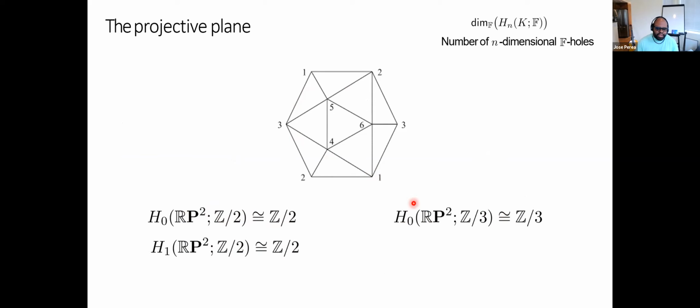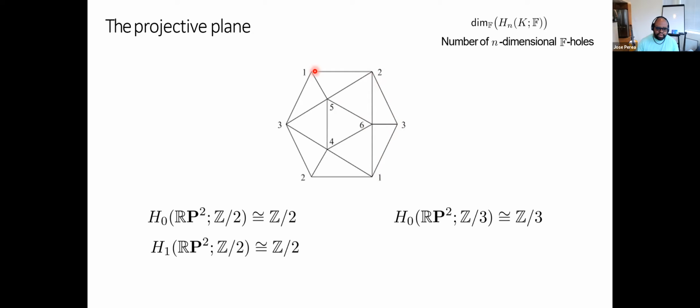In H1, you get 1 hole in Z mod 2. The way I like to think about it is that if you go from the vertex 1 to 3 to 2 to 1, that is a closed loop in RP2. Again, I'm going from 1 to 3 to 2 to 1 again.